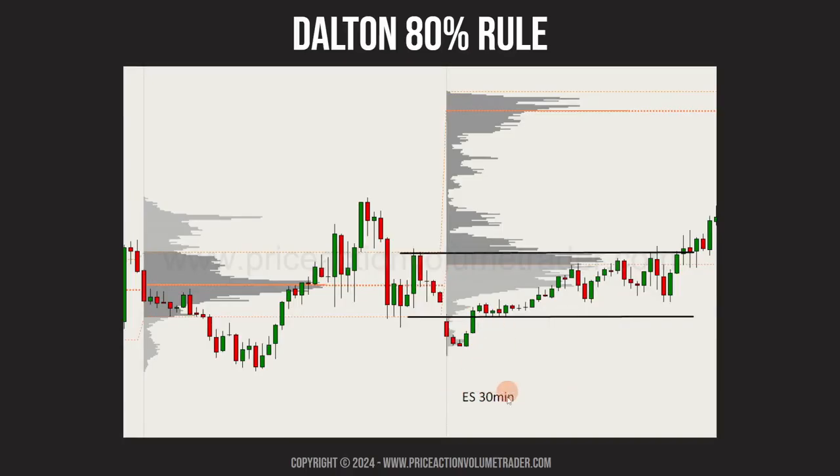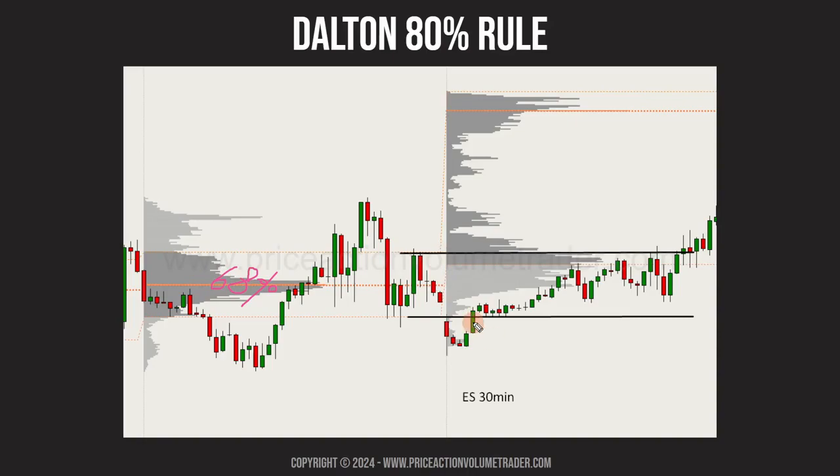This is an ES 30-minute chart, and we can see this trading day with a value area delineated by these two black lines. This was the 68%, based on volume profile.